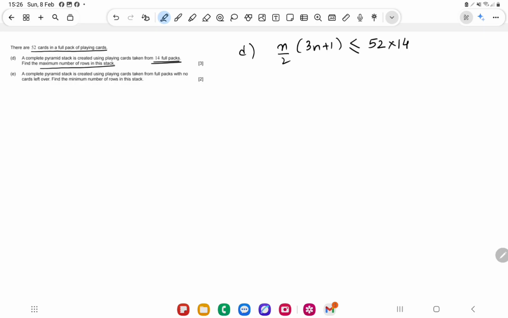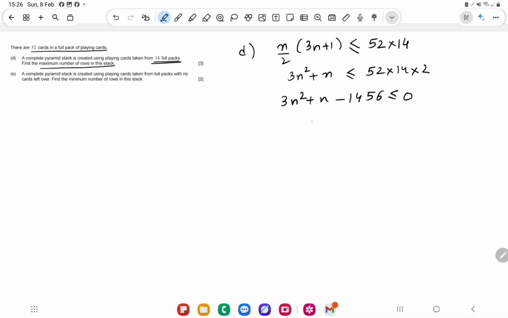Now to solve this, since this is a paper 2 question, you can use your calculators. If you want to simplify, you can write it as 3n square plus n should be less than or equal to 52 into 14 into 2. Now to further simplify this, 3n square plus n minus 1456 is less than or equal to 0.